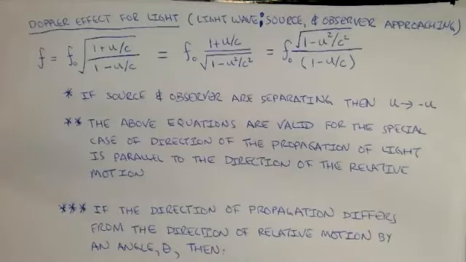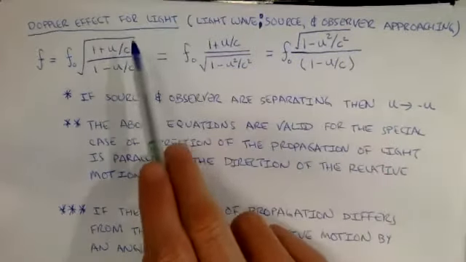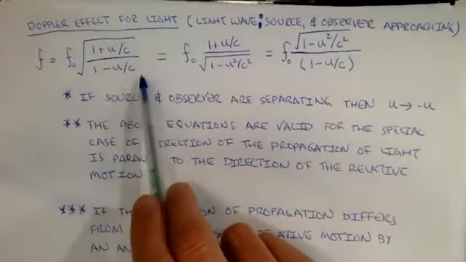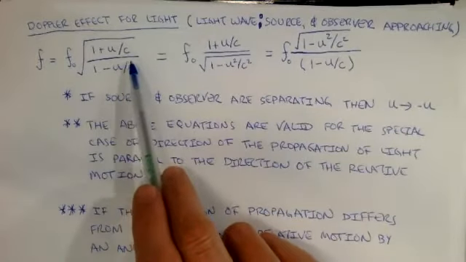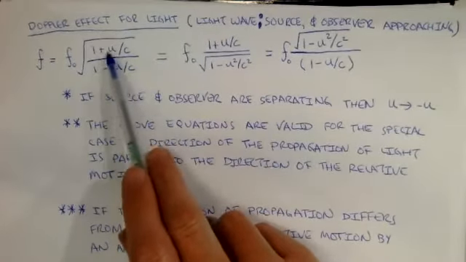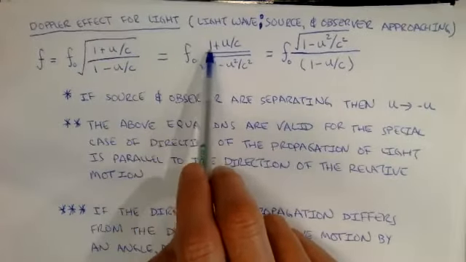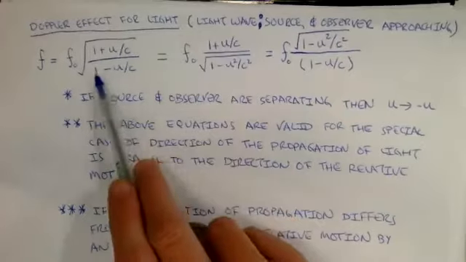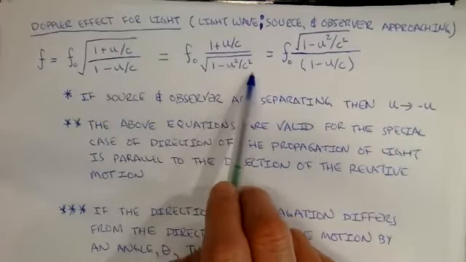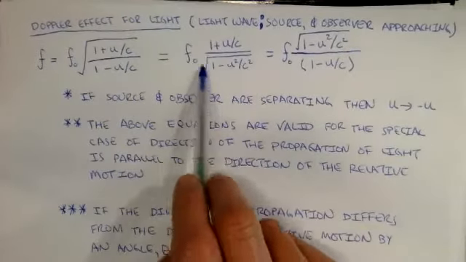The other thing that you could note is if we multiplied top and bottom by the square root of 1 plus u over c, then the numerator becomes 1 plus u over c, and the denominator becomes the square root of 1 minus u squared over c squared.